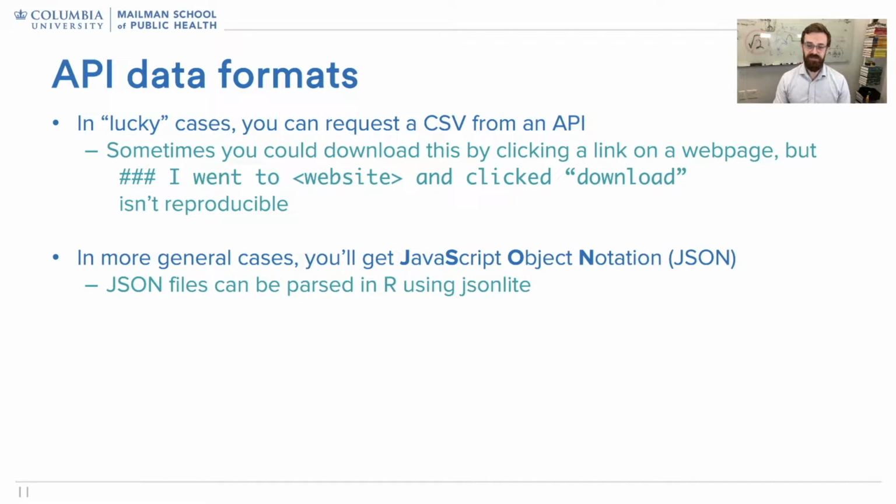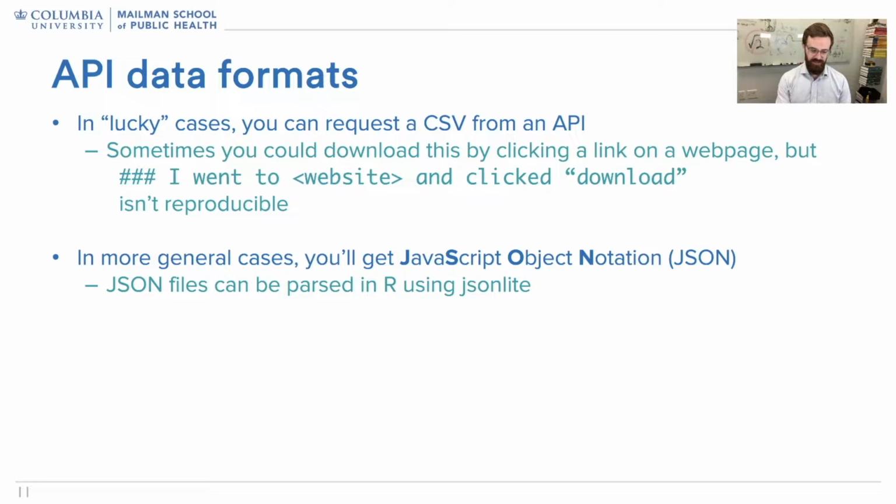If you know a data set is going to be uploaded periodically and you want to make sure that your reports react to that, having an API query is a quick and easy way to do that. So in lucky cases, you're going to get a CSV from an API, and I still think it's worth understanding how to get that using an API rather than just saying, I went to a website and downloaded this thing.